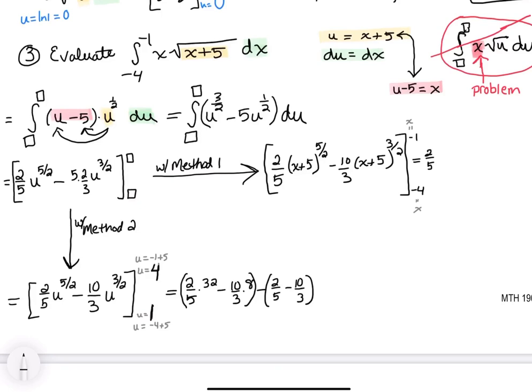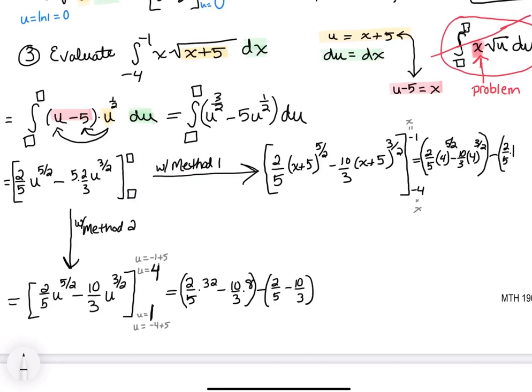So maybe I'll just say, okay, then that would have been like 4 to the 5/2 minus 10/3 times 4 to the 3/2. Maybe I have to do just a slight bit more writing out of my work at this point. And then again, 2/5 times, and then 5 minus 4.